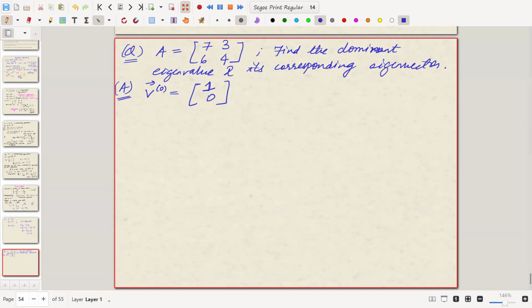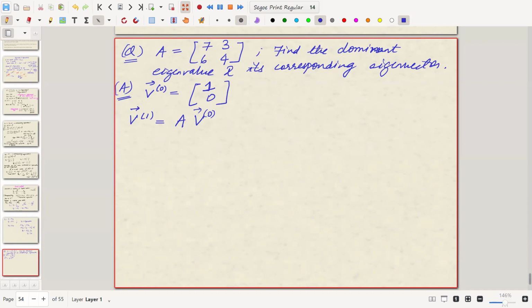Then what is the next iteration vector V1? It will be A into V naught, right? Is it correct? How many of you think it is correct? Yes, A into V naught.